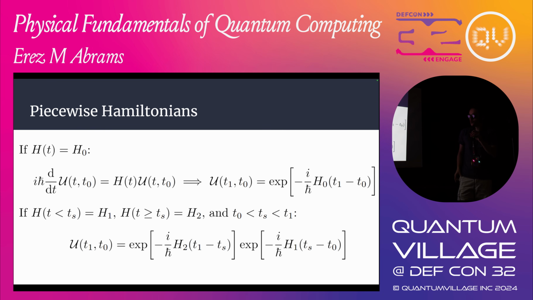And so we can construct arbitrary approximations to any continuously varying Hamiltonian with these piecewise constant pieces. This is generally how computationally you construct and simulate these gates, with these piecewise constant systems. Not always, but generally.